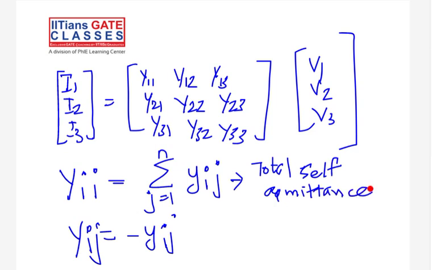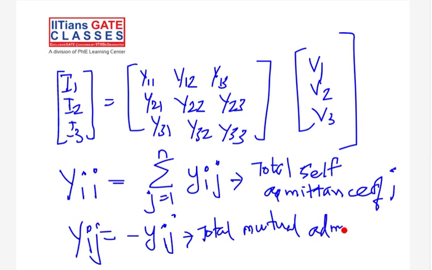And this is the total self admittance of I, and this is the total mutual admittance of I and J, of the line between I and J. Is that clear? Okay.